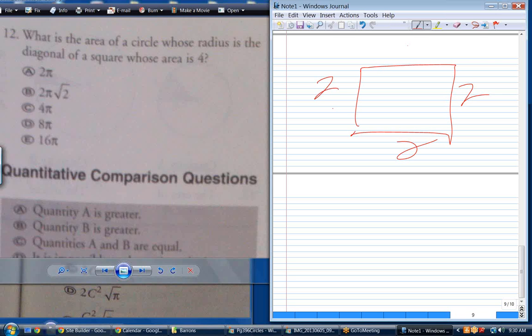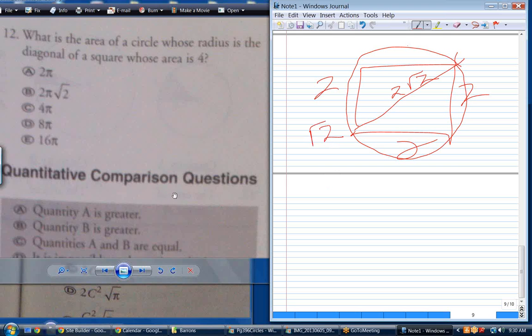And they want the area of the circle whose radius is the diagonal of that. So it's inscribed in a circle. And this is the square root of 8, which is 2 root 2. Half of that's root 2. Pi r squared. 2 pi, is that what you said?